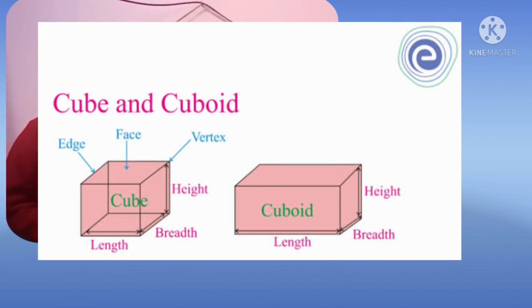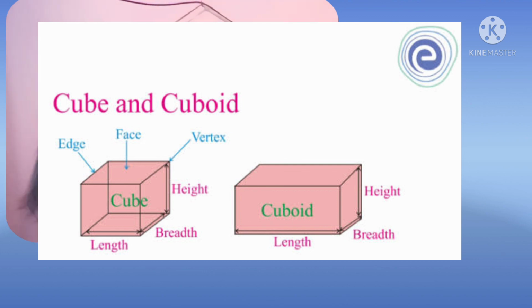I hope you have understood how to draw cube and cuboid and what the different properties are. Let me repeat once again. Cuboid and cube, they both are solid shapes, 3D shapes.